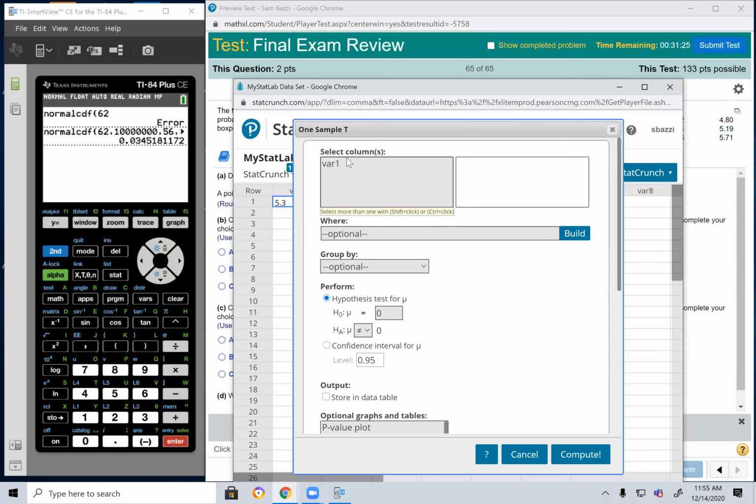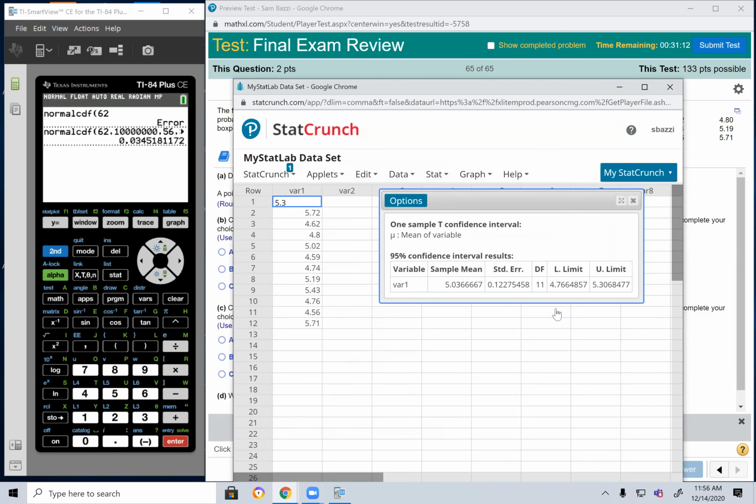If you are using a calculator, you put the data in L1 and run a T interval. But with this one, watch, guys. Variable 1. I'm not doing a hypothesis test, I'm doing a confidence interval. He wants 95%. Compute. Here's the interval: 4.77, 5.31, if it is 2 decimal places.